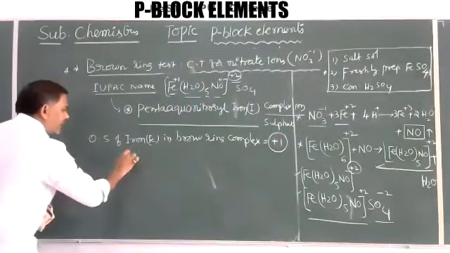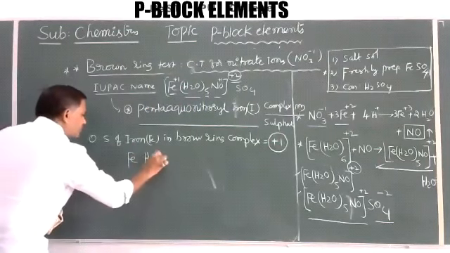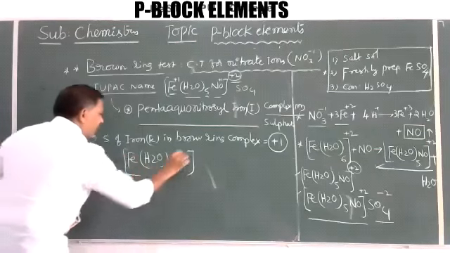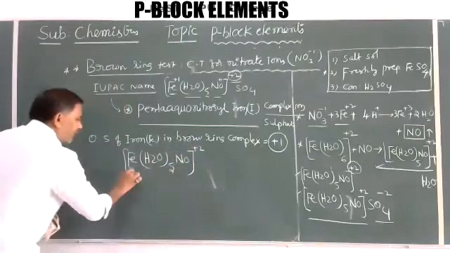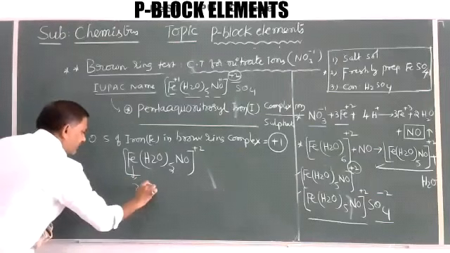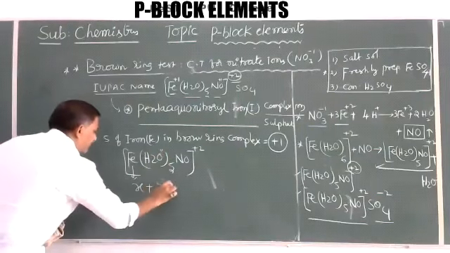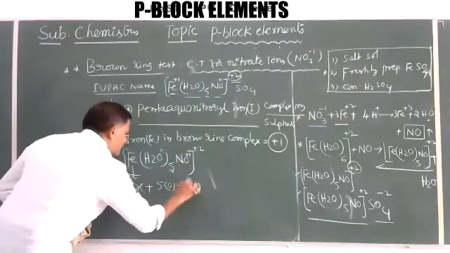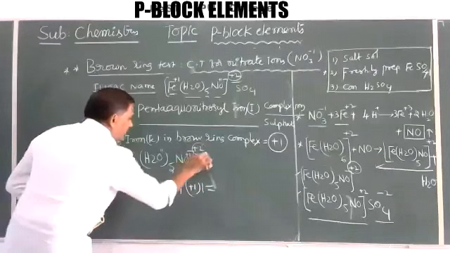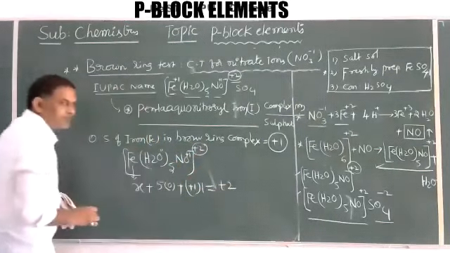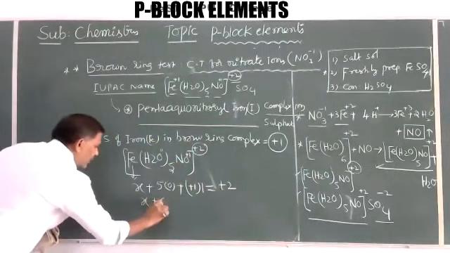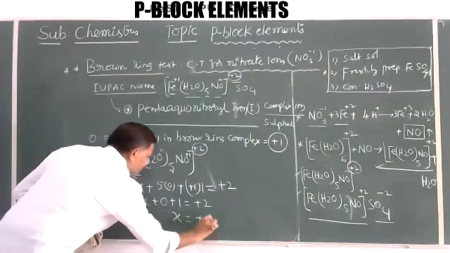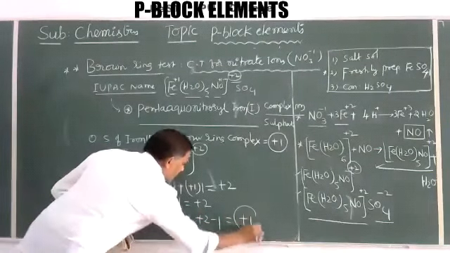So how to calculate: in Fe(H2O)5NO 2+, we don't know the iron's oxidation state, so let us consider it X. Water is neutral, that is 5 into 0, and nitrosyl is +1, only 1 is there, so 1 into 1, and the total charge is +2. Now X plus 0 plus 1 equals +2, so X equals +2 minus 1, that is +1 oxidation state.